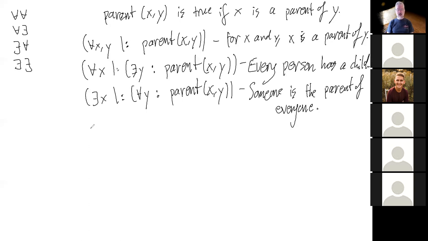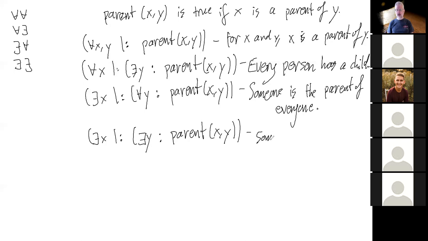And then the last thing, exists X for all Y, parent XY. Oh, that's the same. I meant to have it exist here. This would be that there is some parent-child combo out there.